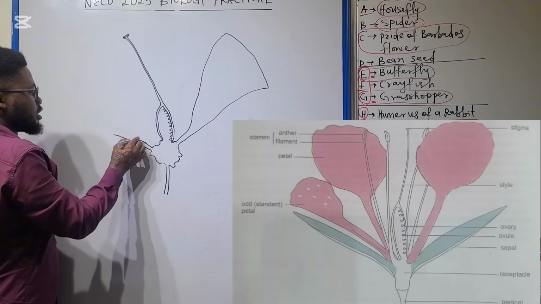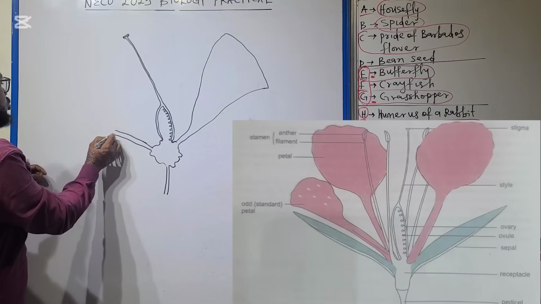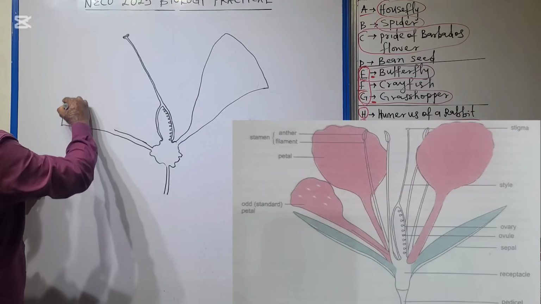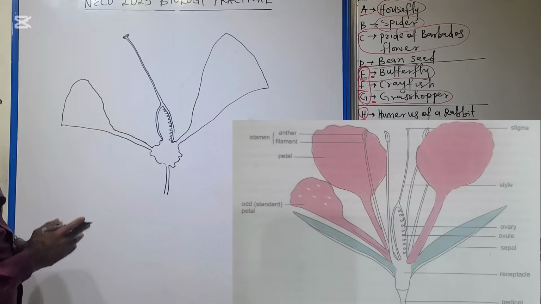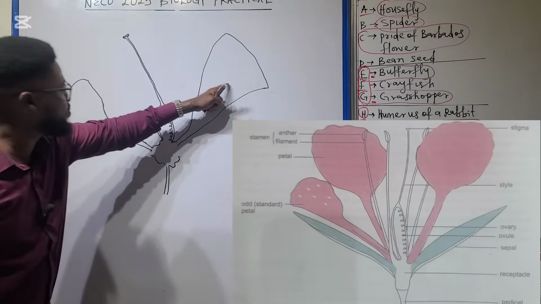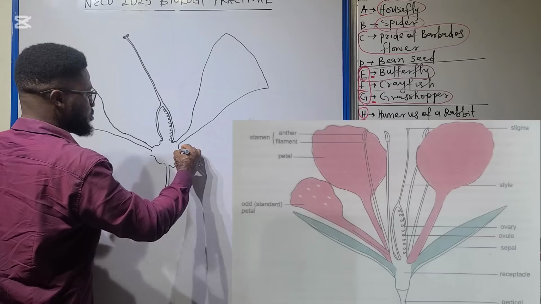It's looking odd anyway. So once we draw this, it should go straight, and then we're going to have something telling us this is truly odd. We've been able to remove the stamen and 3 petals, so we now have 1 petal left and 1 special petal left.